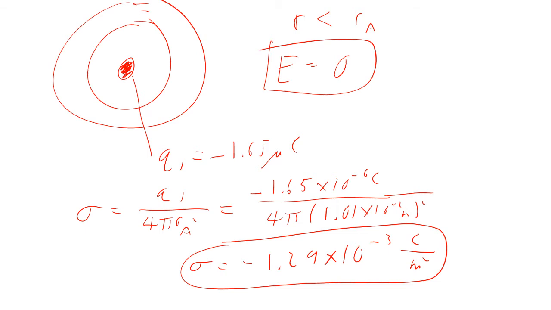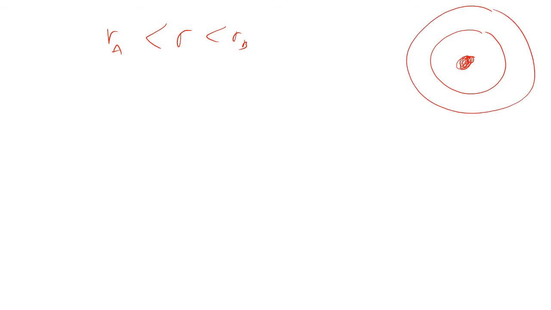So now, we say, if we are between, so if R is less than RB, but bigger than RA. So we've got our central sphere, and now we are looking at this region here in between the two. So now we know how Gauss's law works.